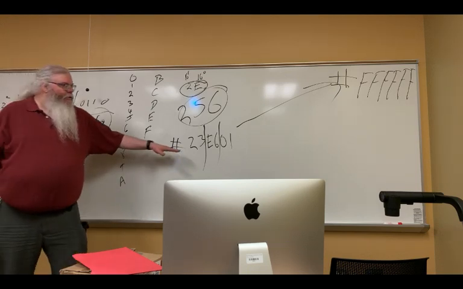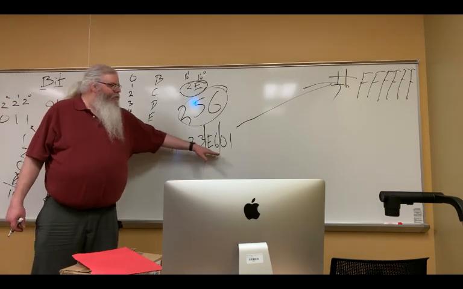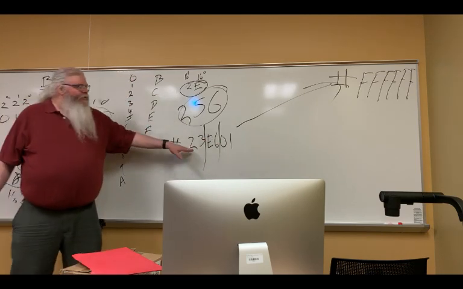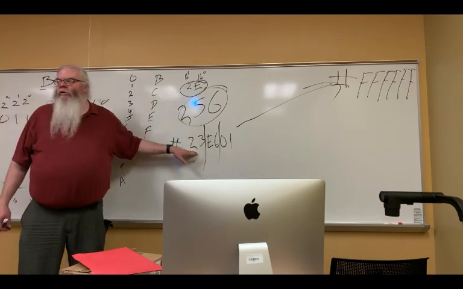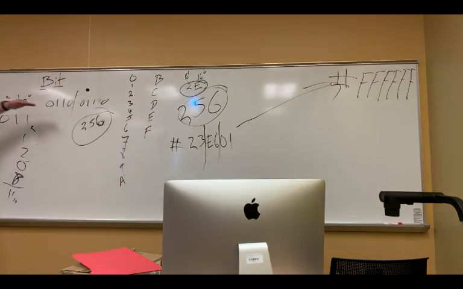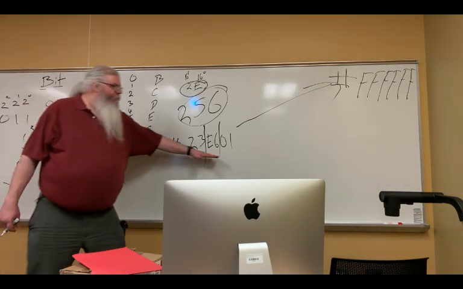So if we divide it into 2 hex digits, like this, then this is a total of 24 bits, 24 binary digits. But it's also 3 sets of 8, which is 3 bytes. So this is 3 bytes of information.